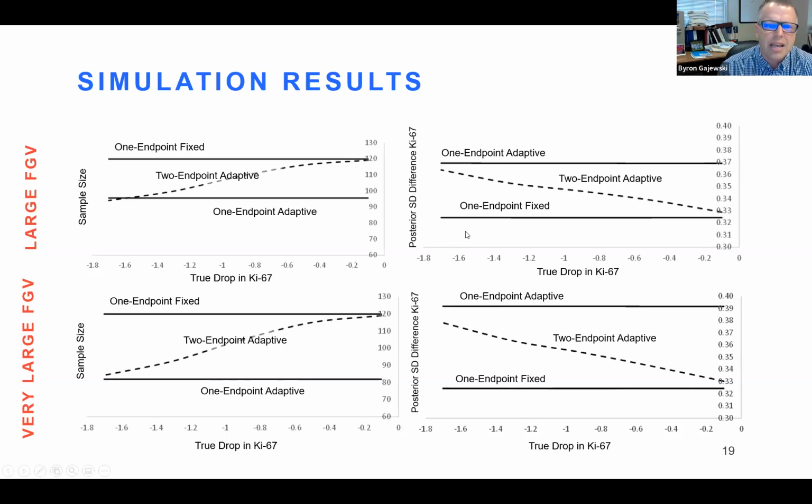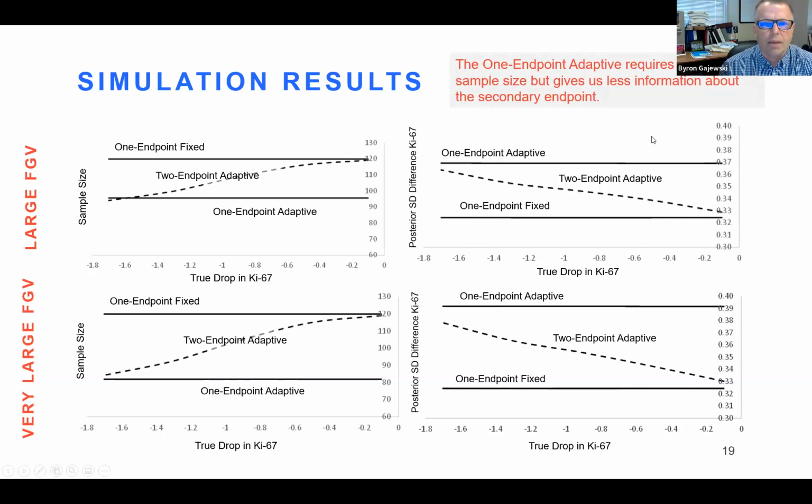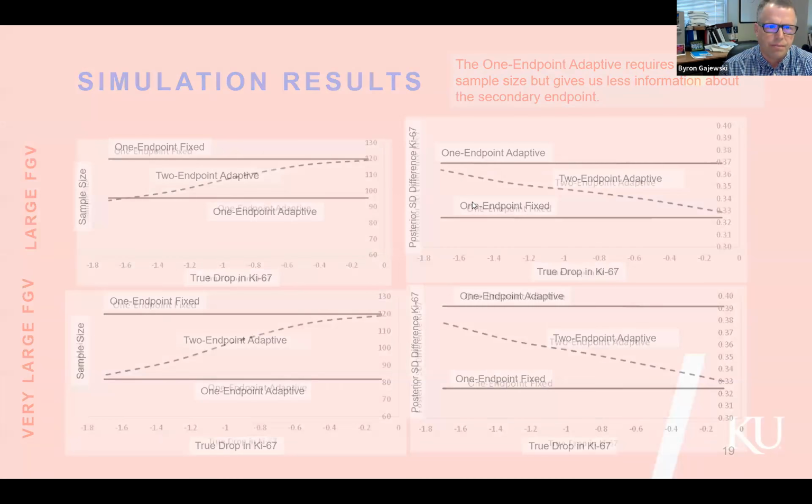You can see that the two adaptive endpoint starts to get smaller and smaller as the true drop of Ki-67 is also smaller. It's a similar compromise to that of the sample size. So the one endpoint adaptive requires a smaller sample size, but gives us less information about the secondary endpoint.